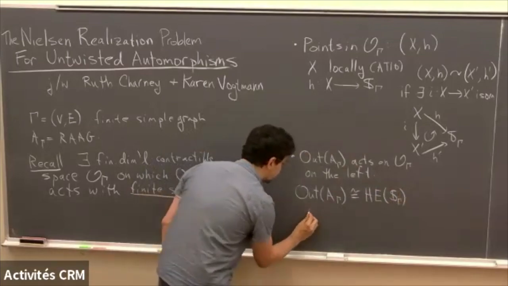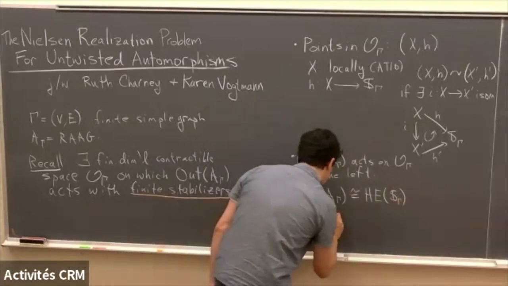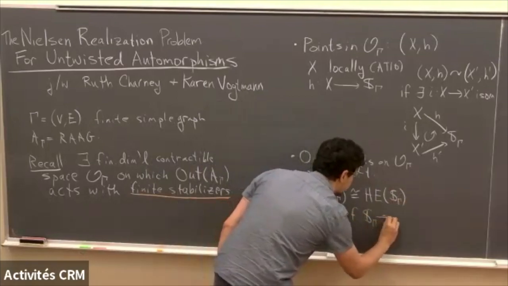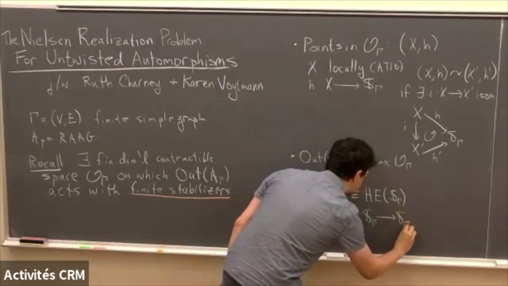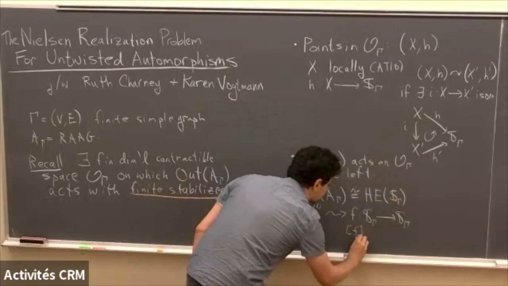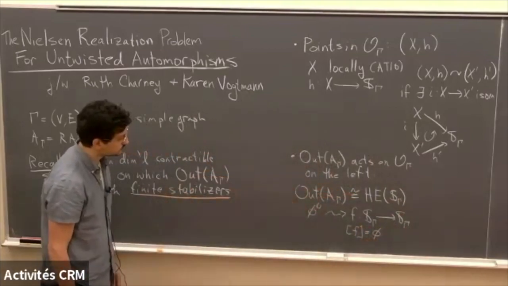So if I take some automorphism in here, I can represent that as a map from the Salvetti to itself. So I take some f that represents the homotopy class of this phi under this identification.